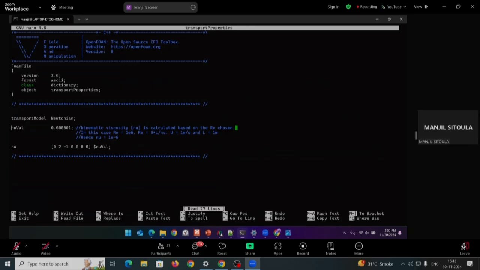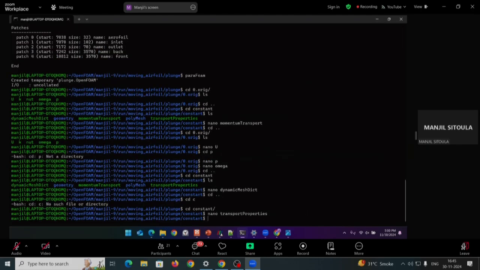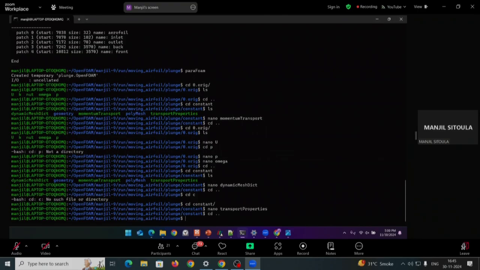Then we have used the kinematic viscosity value accordingly, to make Re equals 1e6. I think you all know how to set up the transport properties, as Re equals U into L divided by kinematic viscosity. In this case, we have used kinematic viscosity as this value. That's all. Now that the dynamic mesh setup is done, we can run our simulation.